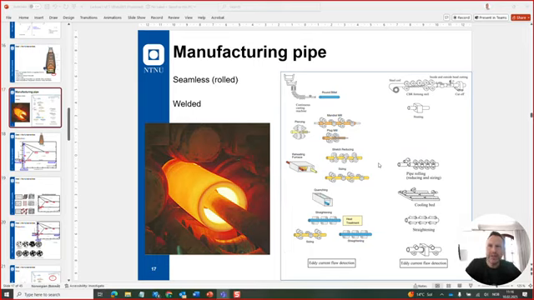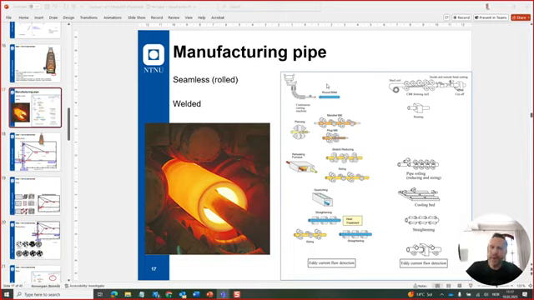As we see all the way to the top here, there is a flat roll of steel that is being bent into a piece of pipe and then welded. Now, for the most part, we are using so-called seamless pipes, and those would be produced from the billet.